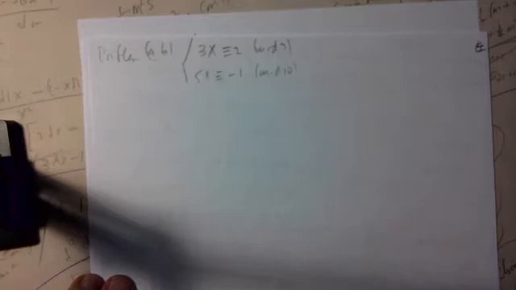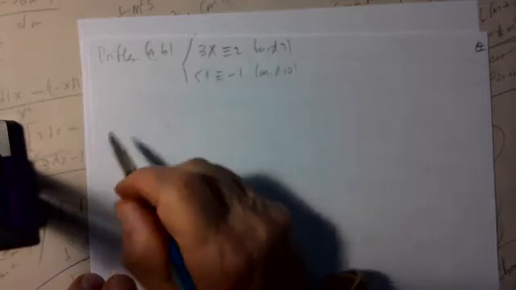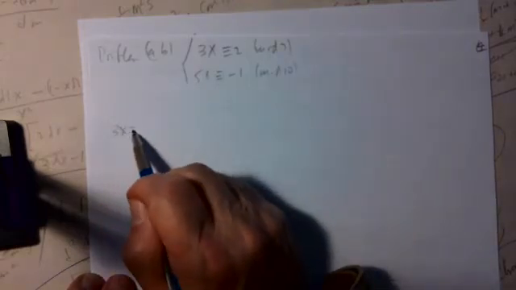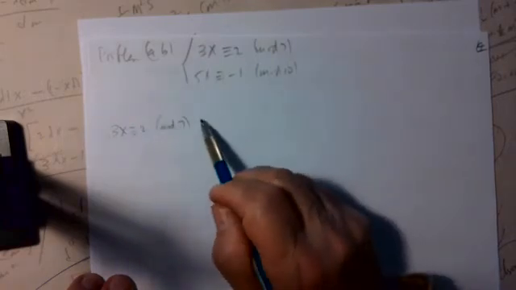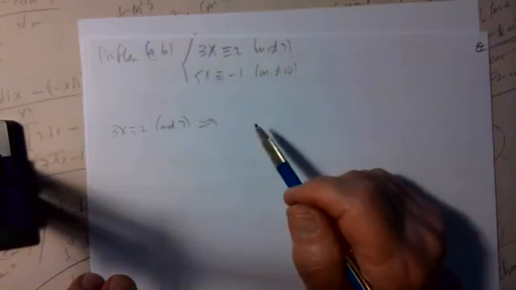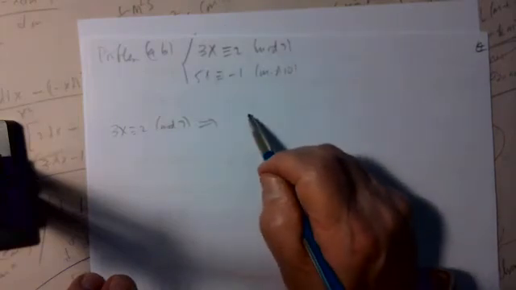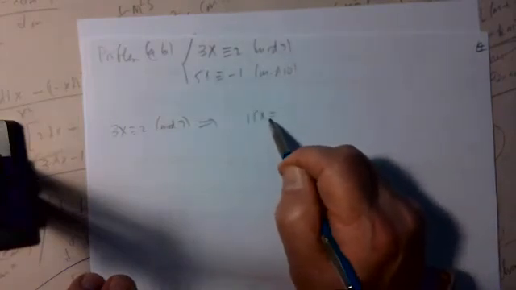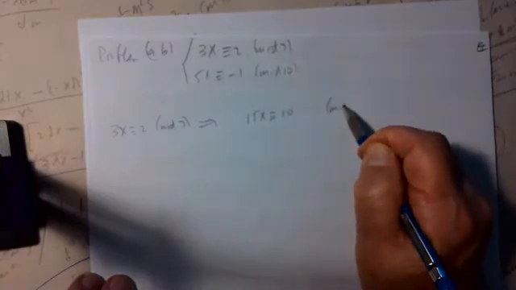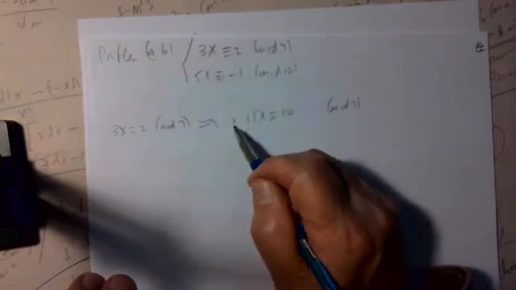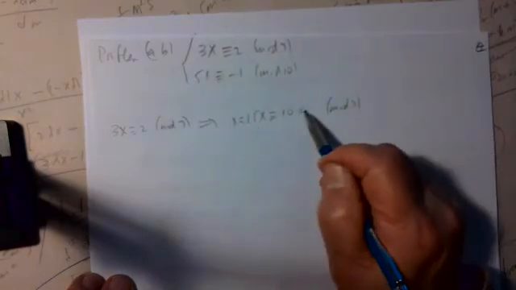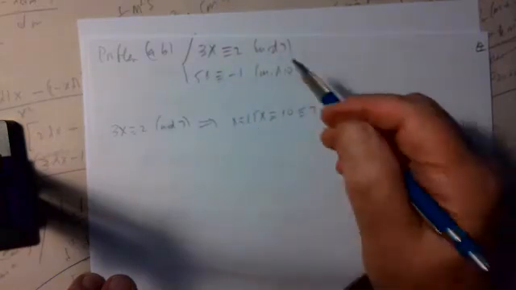So the first step is to solve each congruence separately. So 3x is congruent to 2 mod 7. It's multiplied by 5. 15x is congruent to 10 mod 7. 15 is the same as 1 mod 7, and 10 is the same as 3 mod 7.